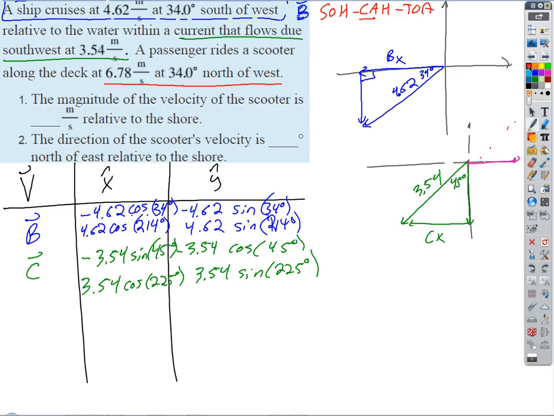So the third one is 34 degrees north of west, so I start at west and tilt north, right? 34 degrees, 6.78. So my reference triangle is going to go like this, right?